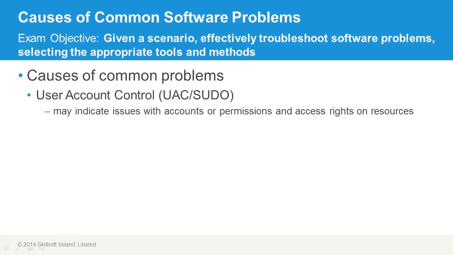In other words, it means that you can run an application using a different set of credentials than those you've used to log in with. So the whole idea is that you should generally log in with an account that is not administrative, even if you are an administrator.